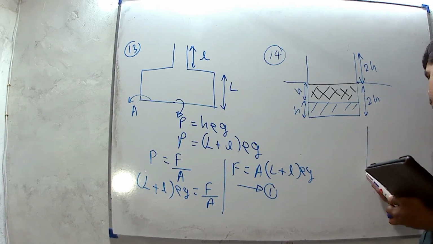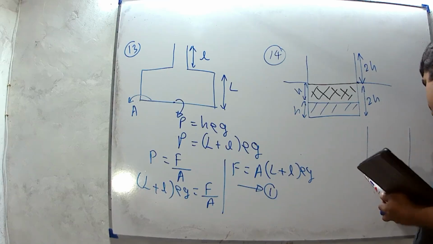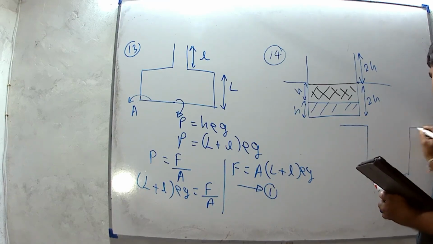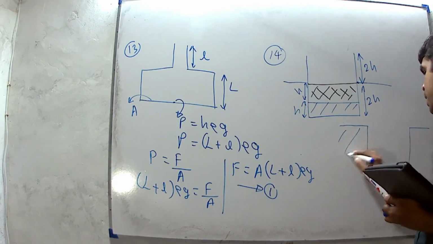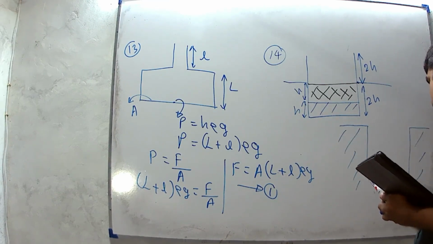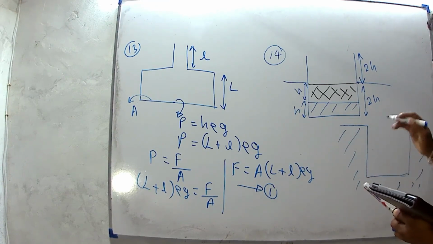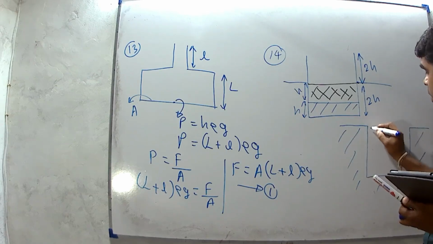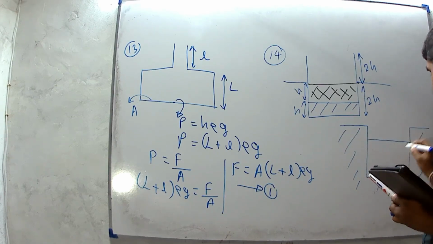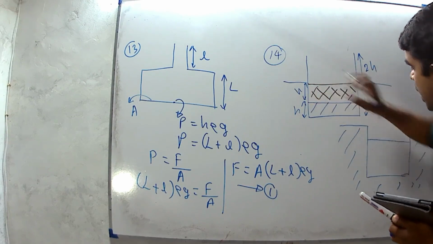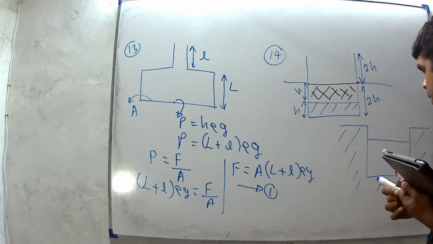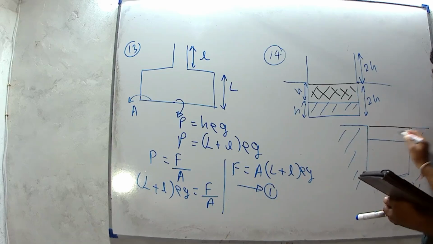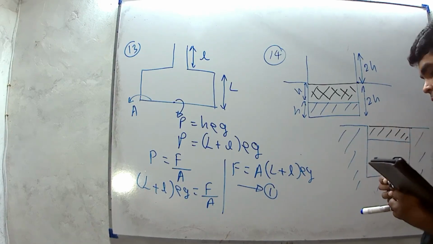When the vessel is fully immersed, it means the outer water level should be this level. The difference between the water level outside and inside should be this height H. The black colored volume is constant.